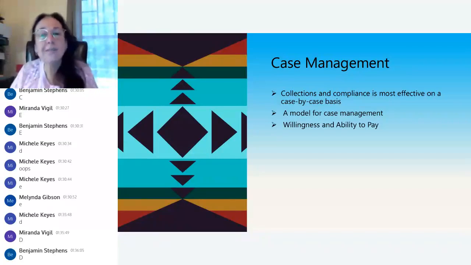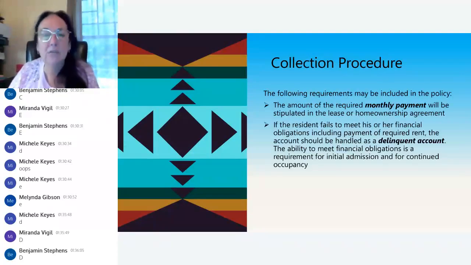Case management, collection, and compliance are most effective on a case-by-case basis. A model for case management: you have to have that willingness and ability to pay. The following requirements can be included in your policy: the amount of the required monthly payment stipulated in the lease or homeownership agreement. If a resident fails to meet his or her financial obligations, including payment of required rent, the account should be handled as a delinquent account.